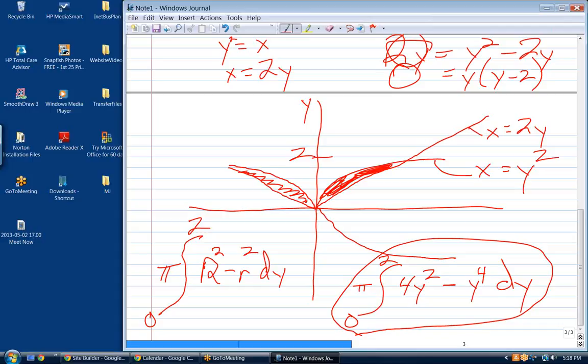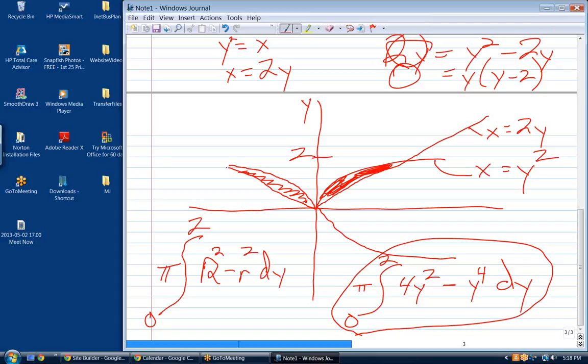So the radius would be x in this case. And the height of the cylindrical shell would be y. Or would the radius be 2y and the height y squared?